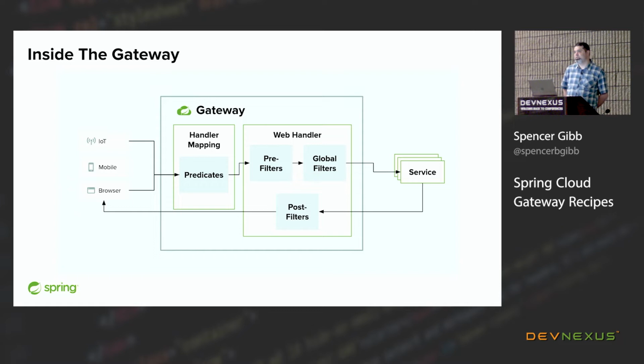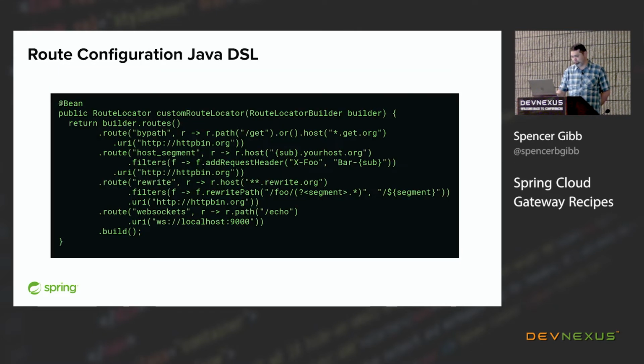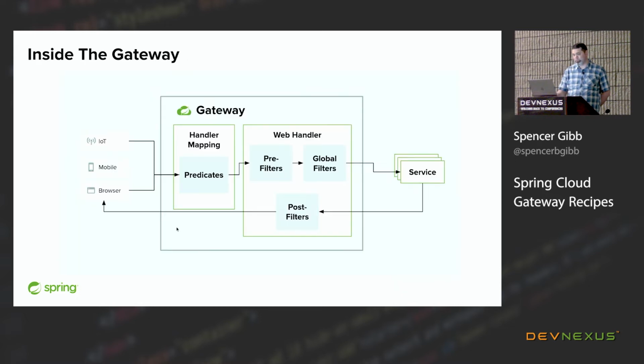If you're familiar with Zuul, those were whole separate entities, but in Gateway, you can have one filter that does pre and post, but we tend to keep them separated. And then there are a set of global filters that apply to all routes. And these are the things like, if it's a WebSocket, if you noticed here, we can do WebSockets. For example, if it's a WebSocket request, use the WebSocket filter. Otherwise, use the Netty HTTP filter, those kinds of things.